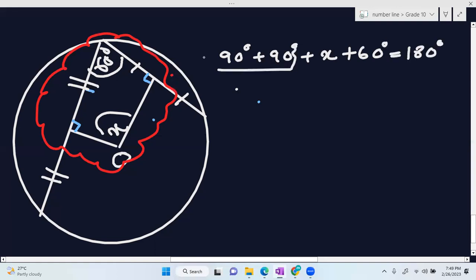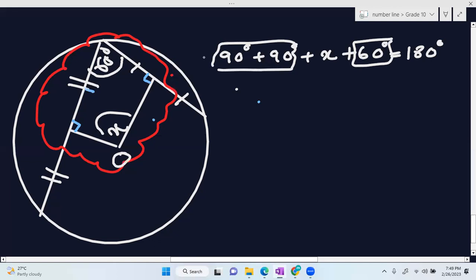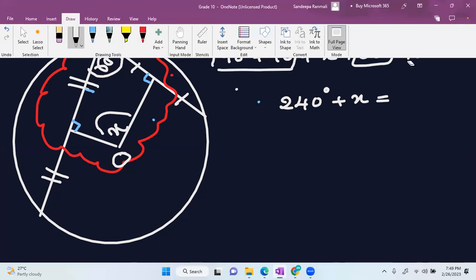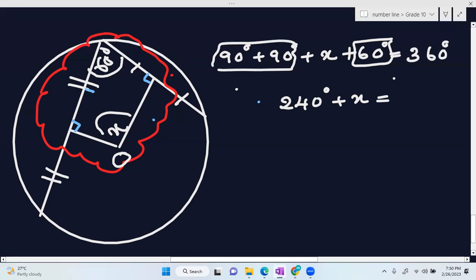Then 90 added to 90 is 180. Added 60, it is 240 plus x. Isn't it 360? Sorry, yes, it should be 360. Very sorry. The sum of the interior angles of a quadrilateral equals 360.